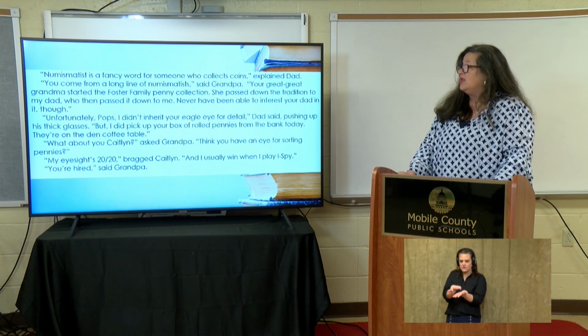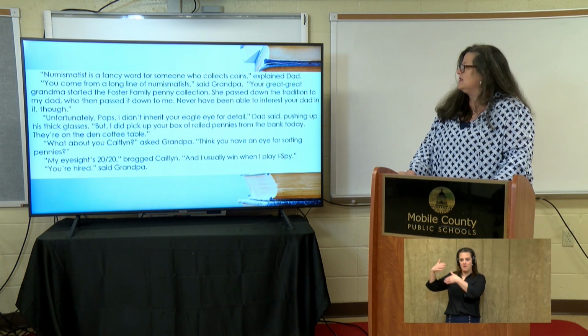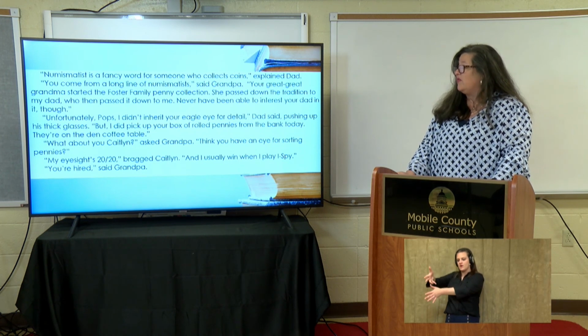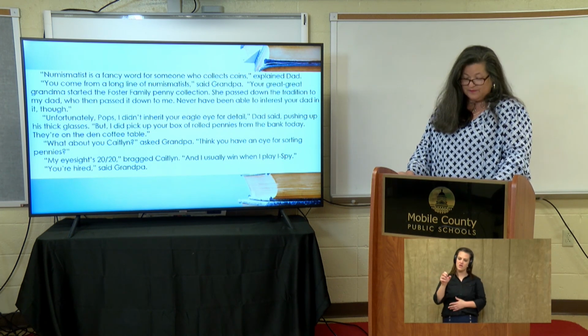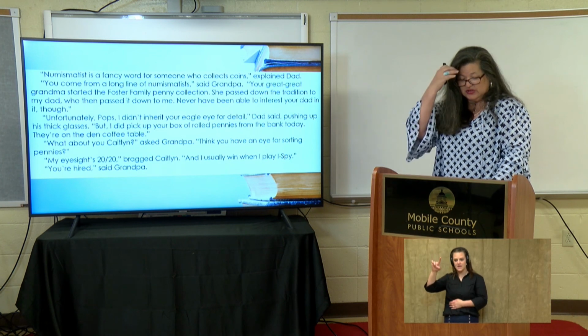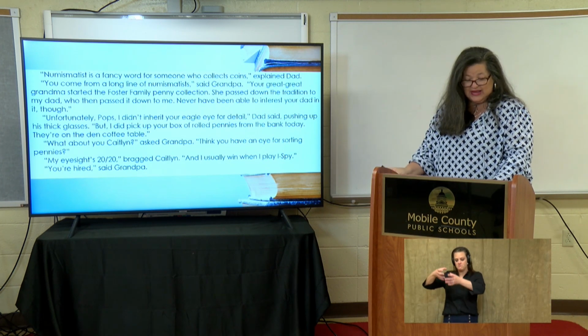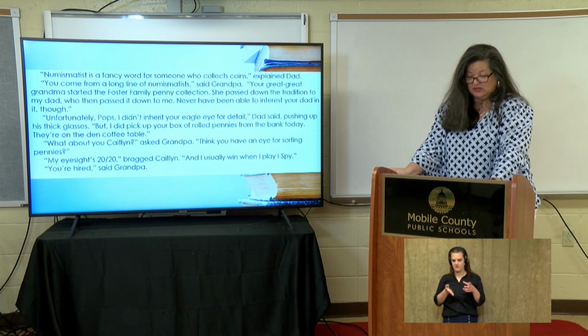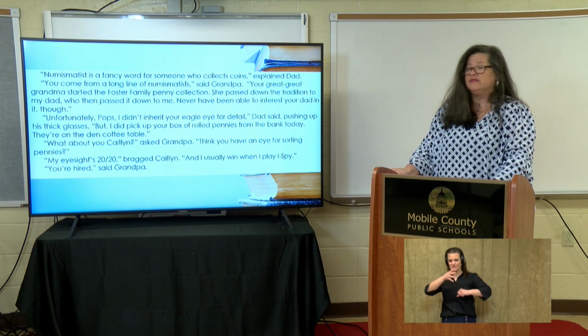"You come from a long line of numismatists," said Grandpa. "Your great-great-grandma started the Foster family penny collection. She passed down the tradition to my dad, who then passed it down to me. Never have been able to interest your dad in it, though."